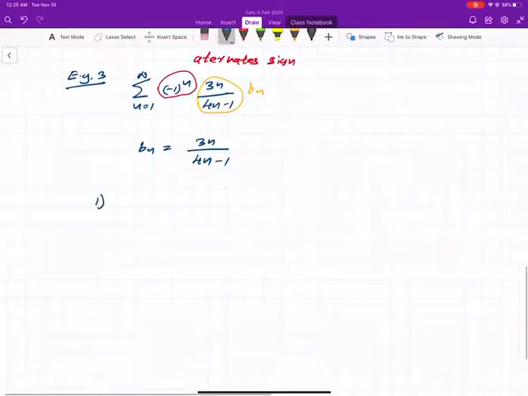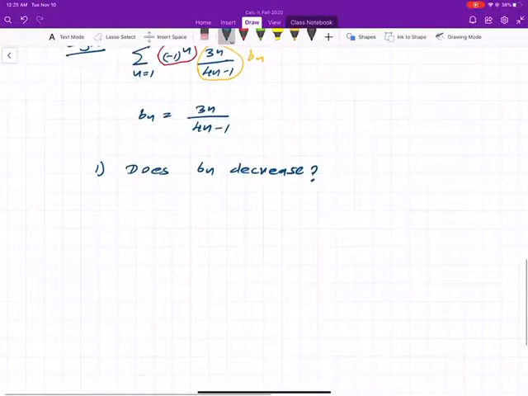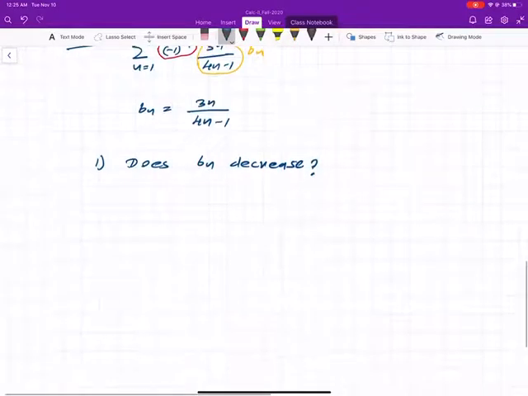The first thing that you have to check is whether Bn decreases or not. Does Bn decrease? Alright. For that, how do you check it? So you could just use the first derivative that you have learned in Calc 1.